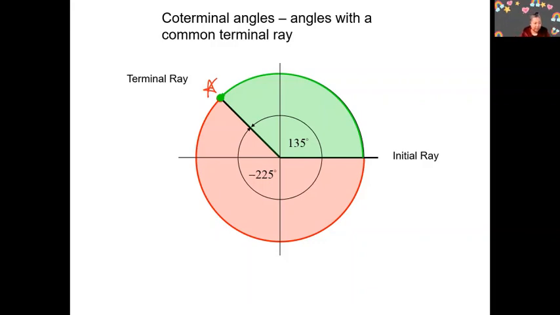How big is the measurement? It's positive 135. The green part is the coterminal angle. Why is it a coterminal angle? Because it's two angles, negative 225 and positive 135, sharing the terminal side.